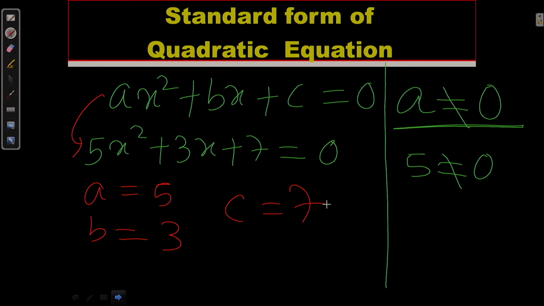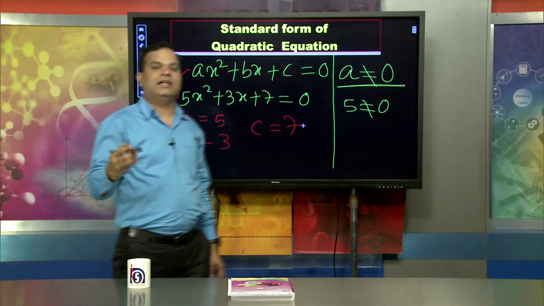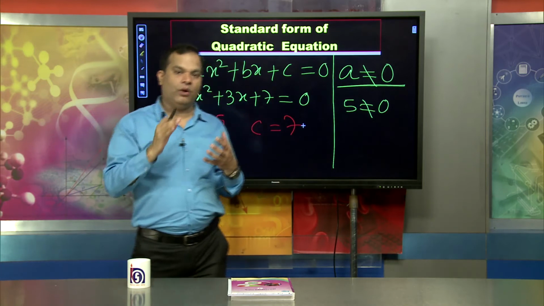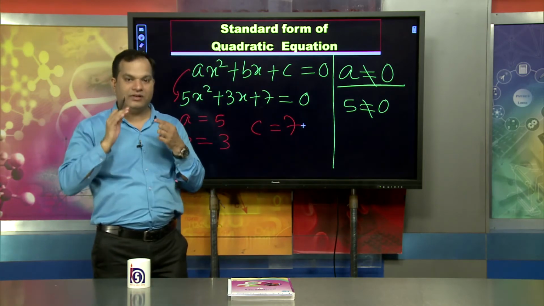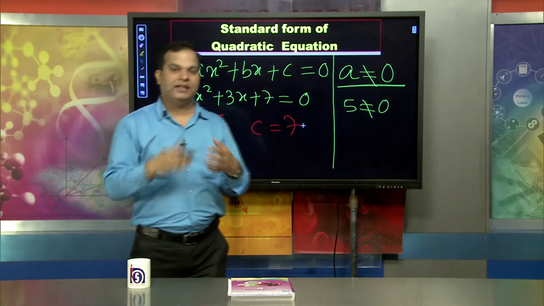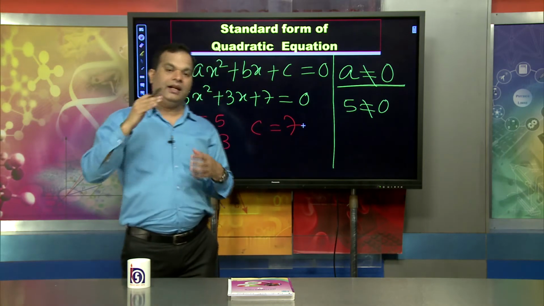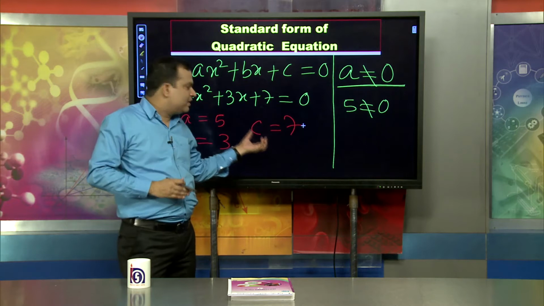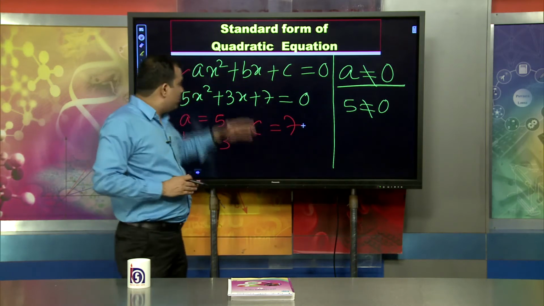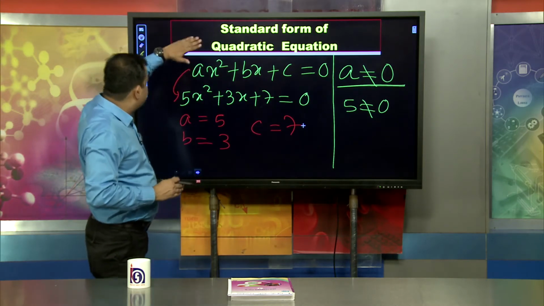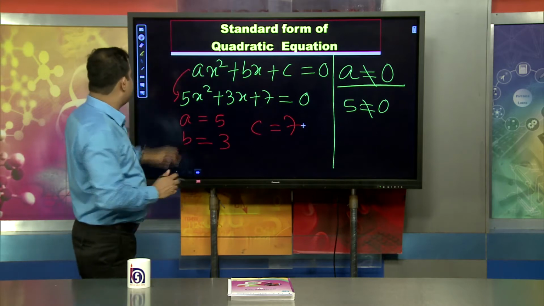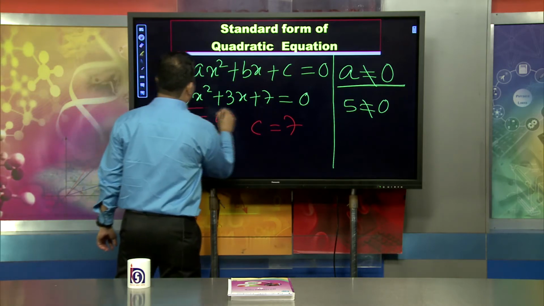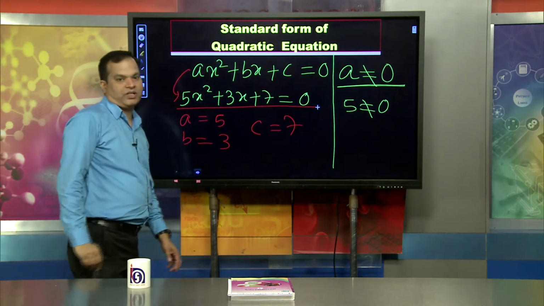That means the coefficient of x square is a, the coefficient of x is b, and the constant quantity we call c, equal to 7 here. So this is the standard form, and this is one example of a quadratic equation.